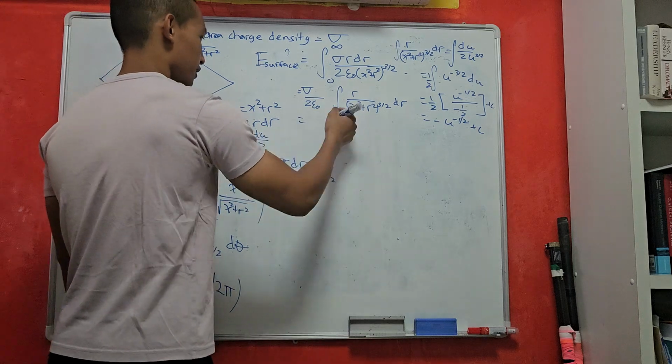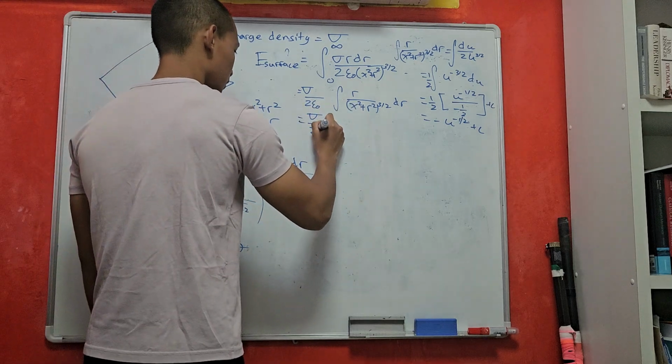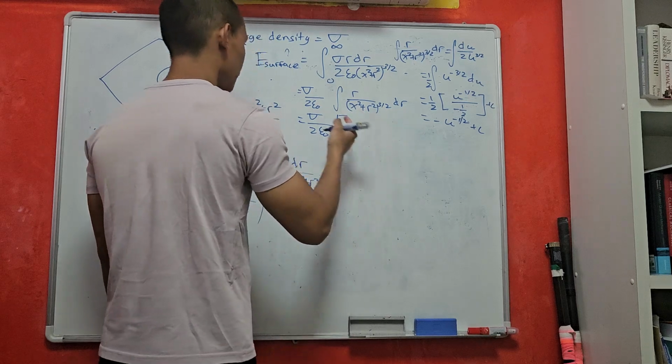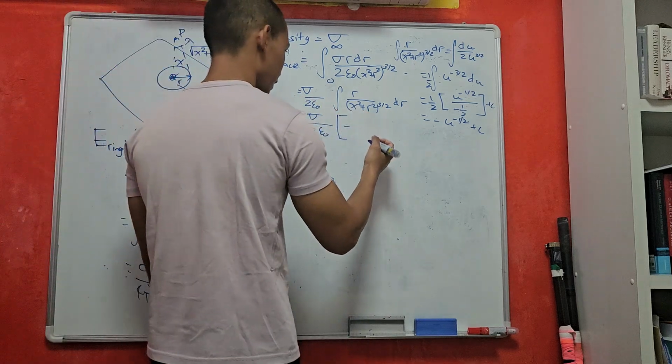So then we'll just substitute this in, sigma over 2 epsilon naught times negative u, and u is just x squared plus r squared.